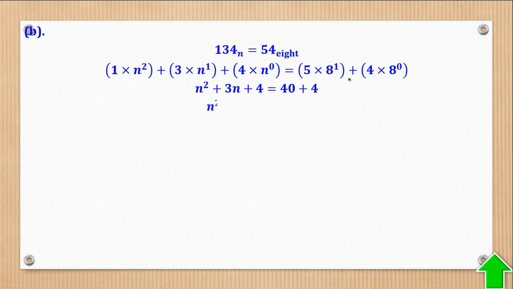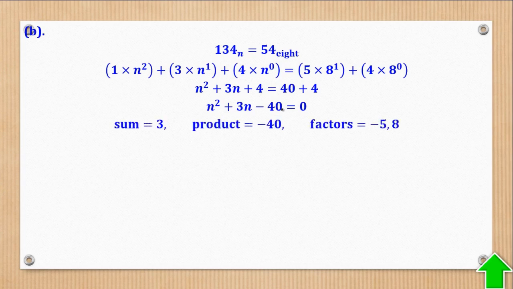So now it is in base 10, which is the normal arithmetic. So collect like terms, this and this cancel, then take this side to come up with negative 40. This becomes a quadratic. You can either factorize or use the quadratic formula. If I factorize, I will look for two factors whose sum is positive 3 and the product is negative 40.